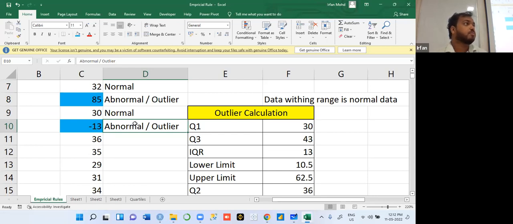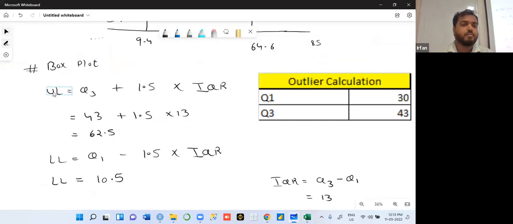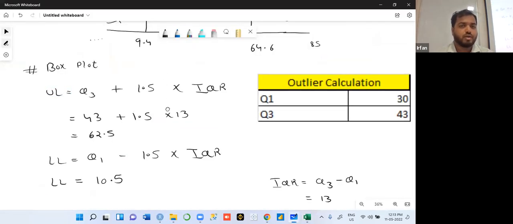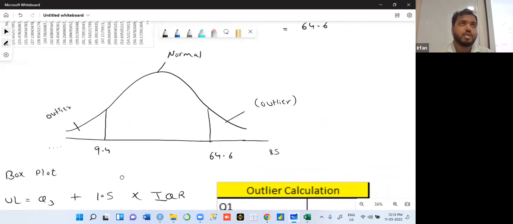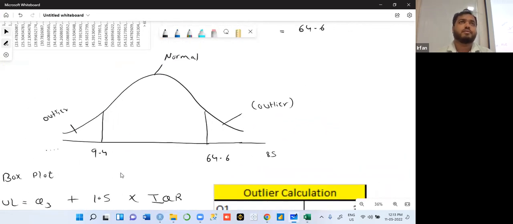Anyone? Subham? They are normal. They are considered as normal. Any value which comes under the box whisker range or under the empirical rule range is called normal data. Got the point?